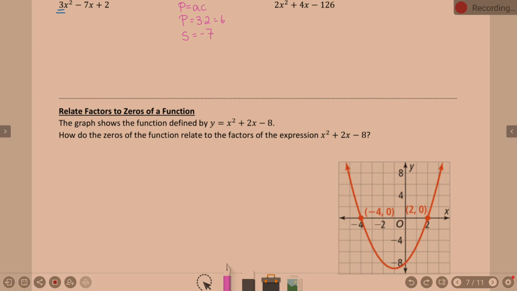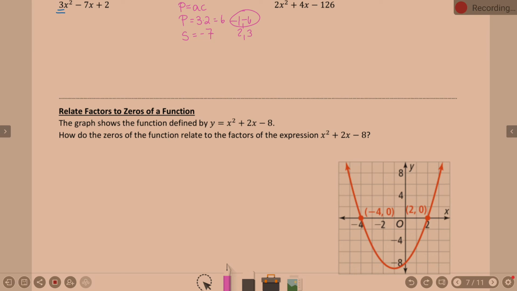Again, this is an easier one in terms of pairs. What multiplies to be 6 that somehow is going to give me 7? Yeah, multiplying to be 6 is 1 and 6 or 2 and 3. Well, the only way I can get 7 is to use 1 and 6. How do my signs work here? Both negative, yes? If you multiply to be a positive, they're both the same sign. Since they add to be a negative, both negative.